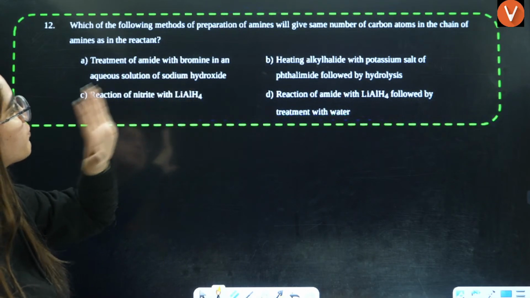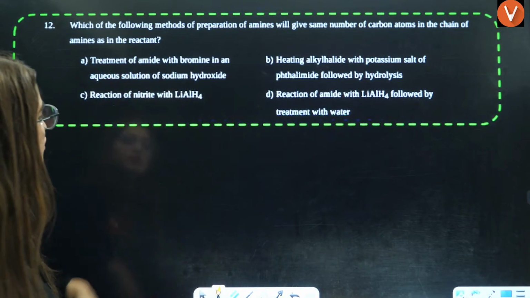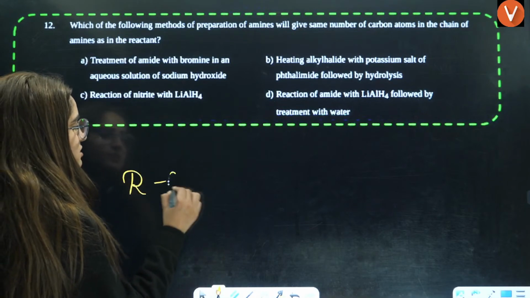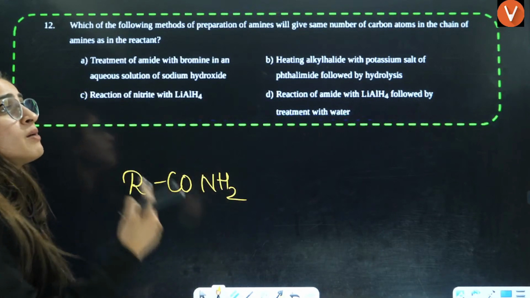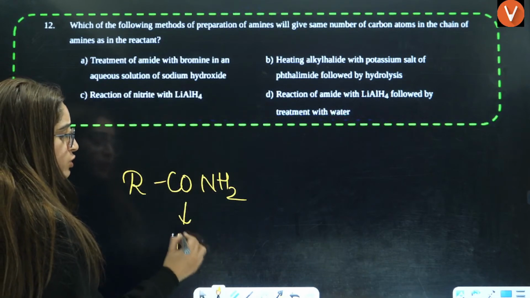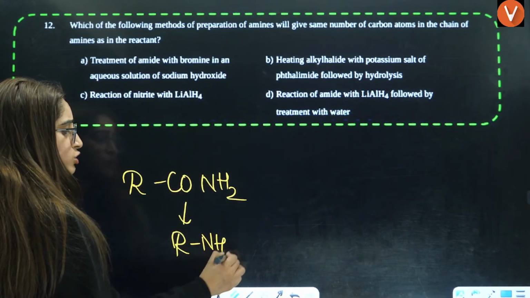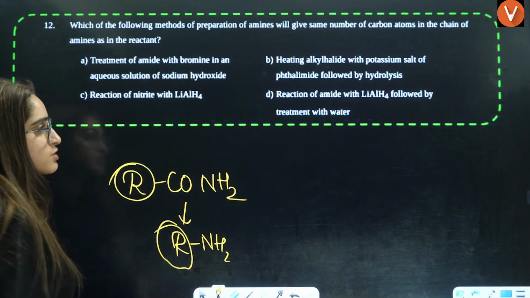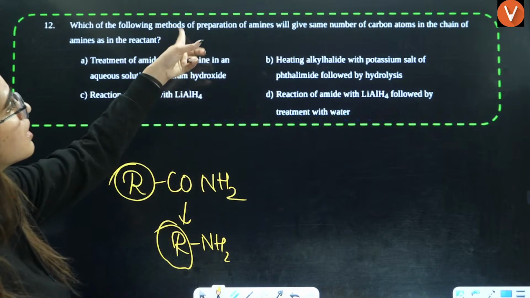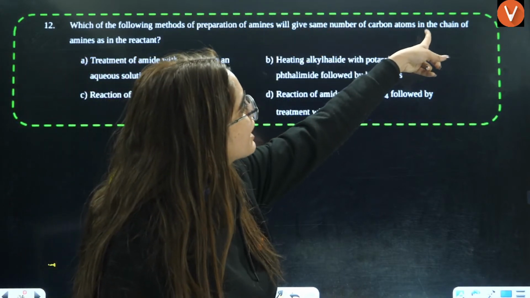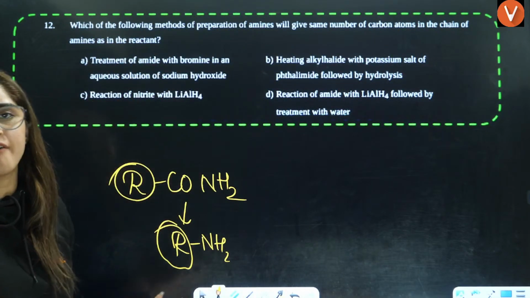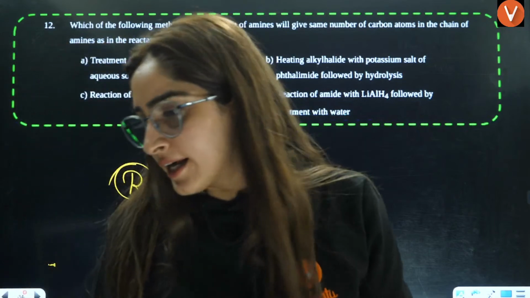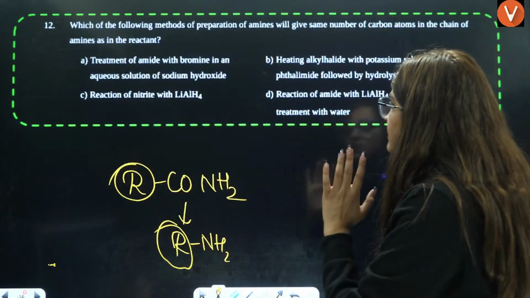Treatment of amide with bromine in an aqueous solution. So basically this is RCONH2. It will give you the same number of carbons because it is going to give you RNH2. So the alkyl chain is going to remain the same. They are asking for the same number of carbon atoms in the chain of amines as in the reactant. Though it is called a degradation reaction, the chain has the same number.